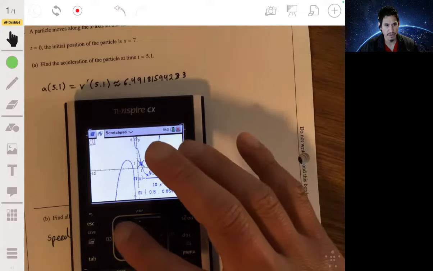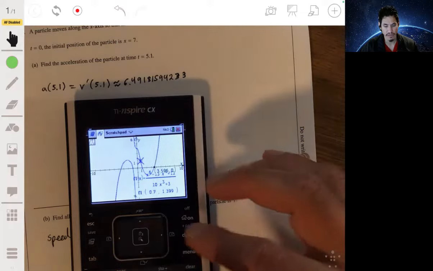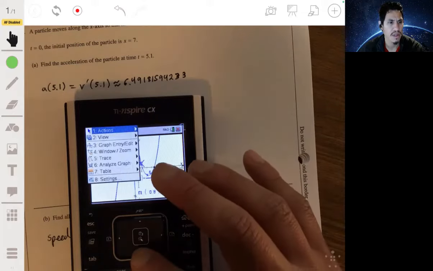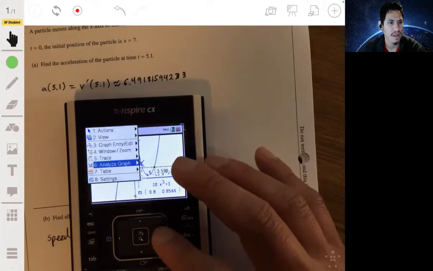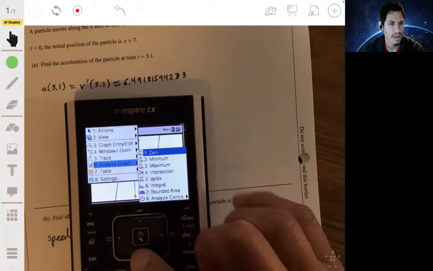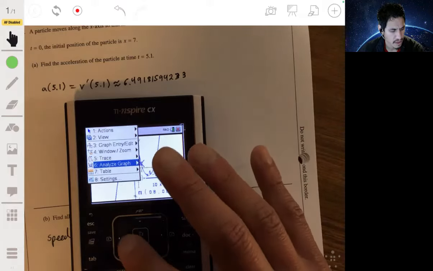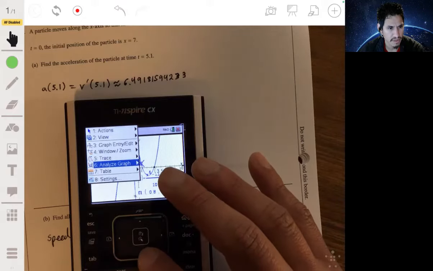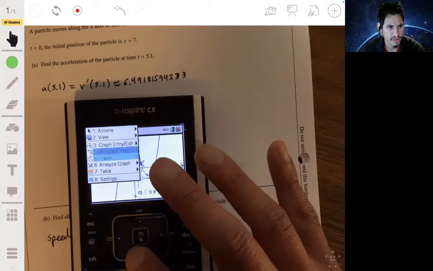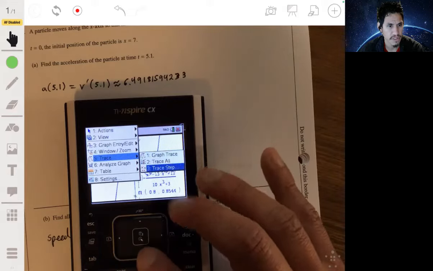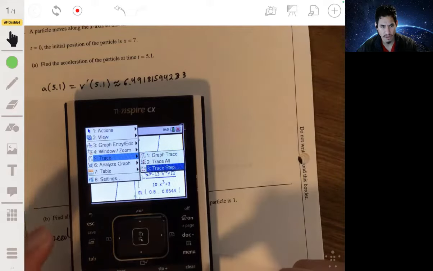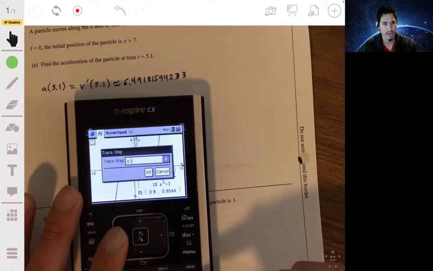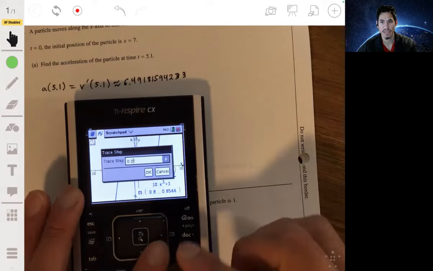It looks like it's between 0.7 and 0.8. Let me change the trace step even smaller. Let me go by 0.01 to be more precise.